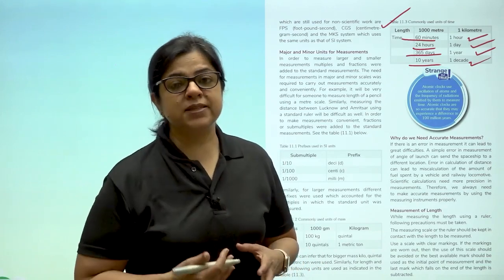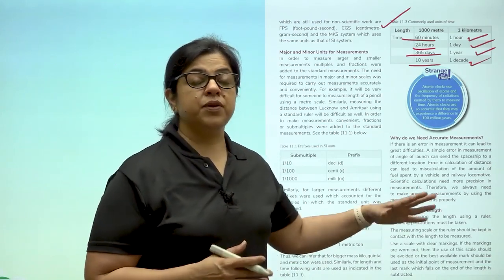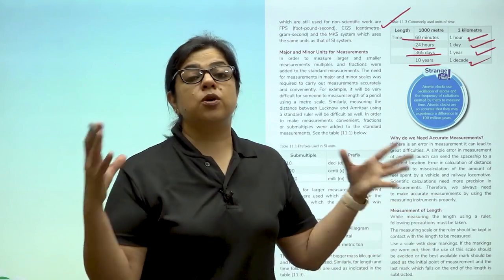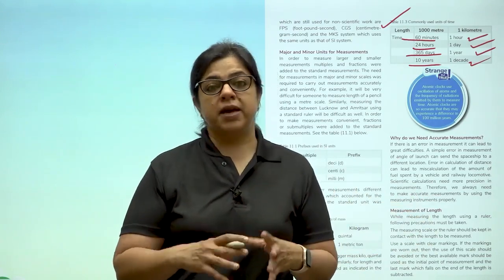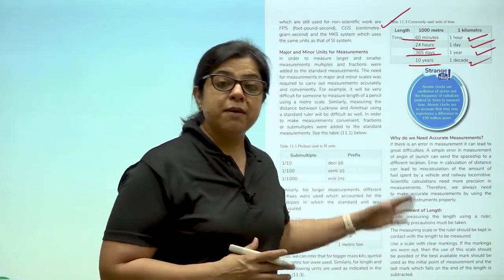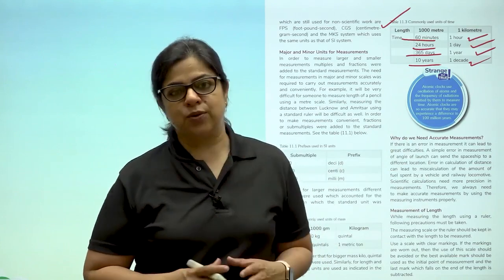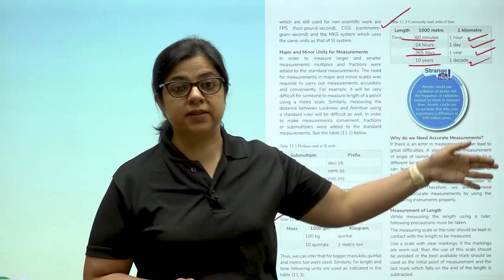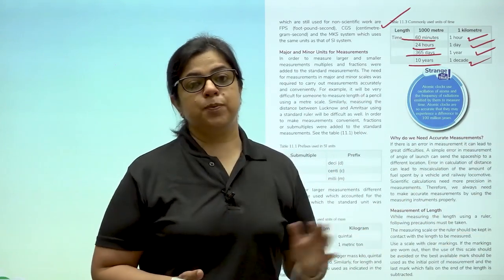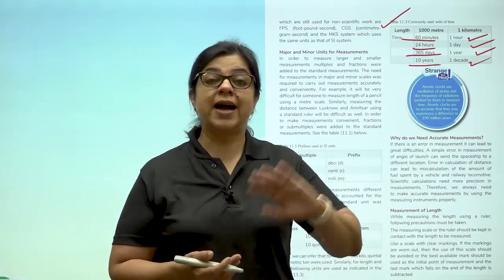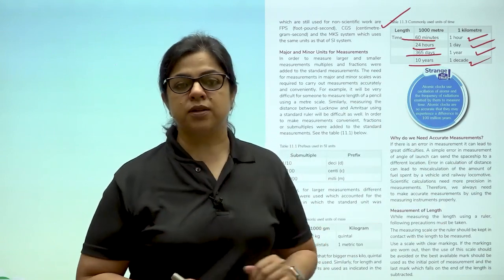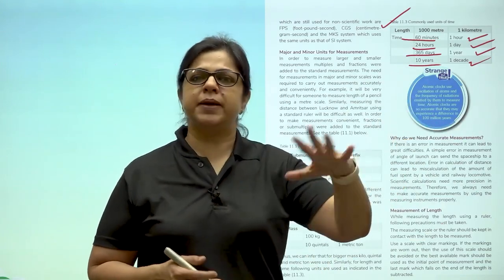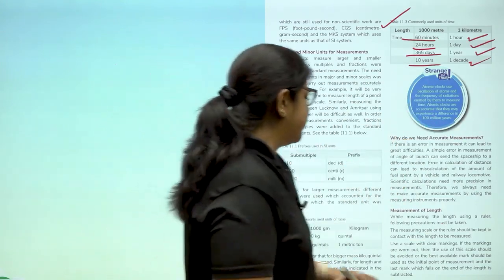Now, this is a very basic example that I'm giving you, but when we talk about chemicals, when we talk about mixing of chemicals to make useful products, measurement becomes very accurate. When we are talking about an aeroplane traveling from, say, Delhi to Patna, how much fuel the aeroplane is going to need, that measurement is very important so that the aeroplane does not stop in the middle of nowhere.